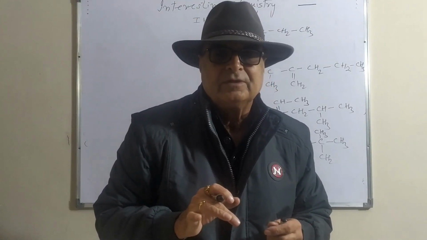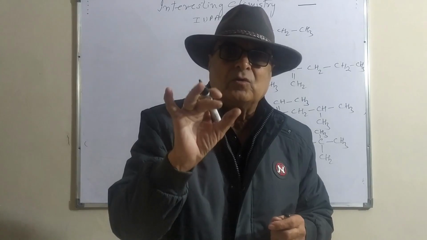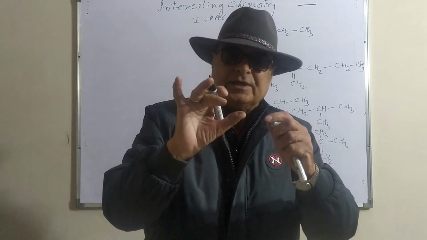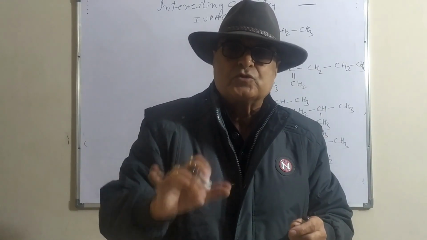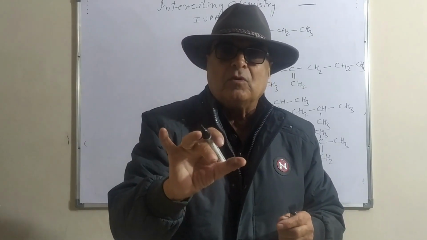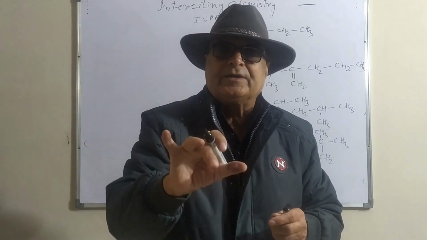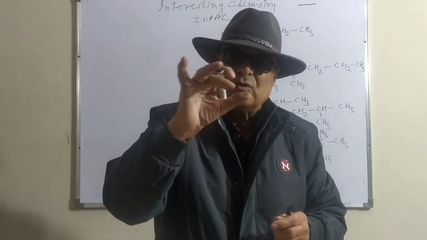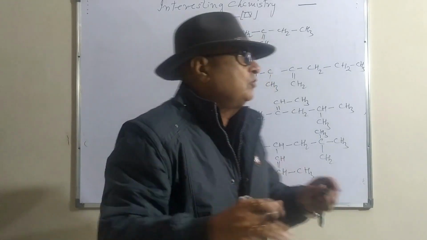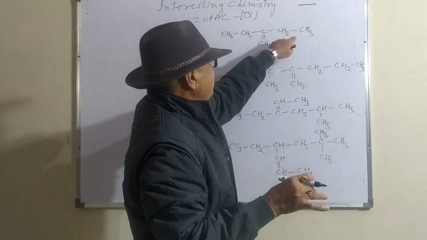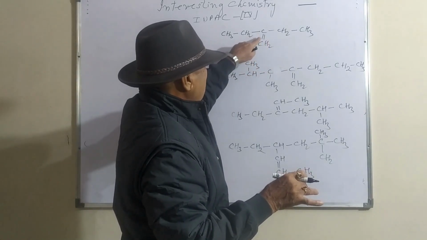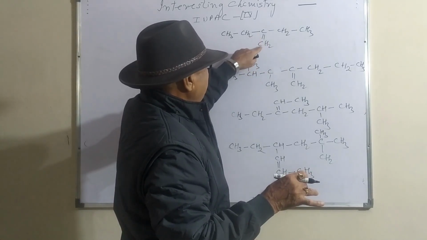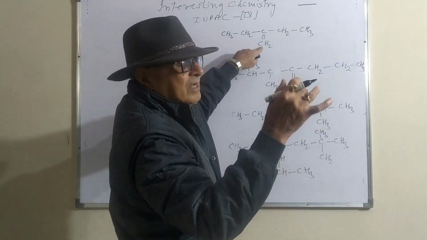But when you find a double bond in the compound, the double bond must be included when you select the longest chain. So you can't count this chain. Here, this double bond should be included in the longest chain.